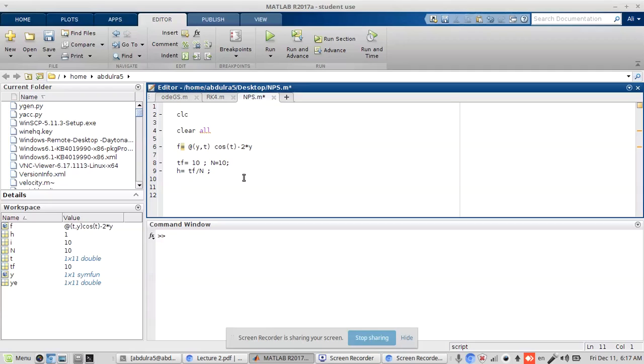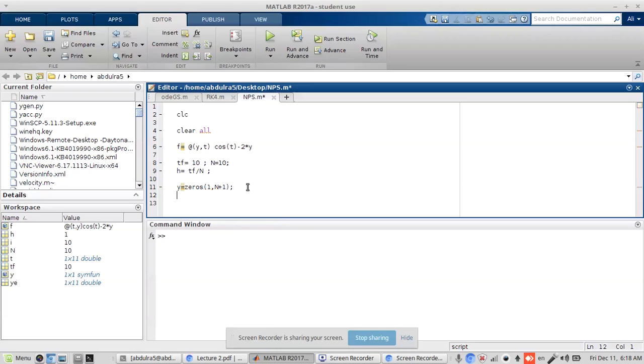Since I have a vector for y and t, let's create the bases and make them zeros. So y equals zeros for the dimension of this vector, one row, and the column will be always 1 over n.